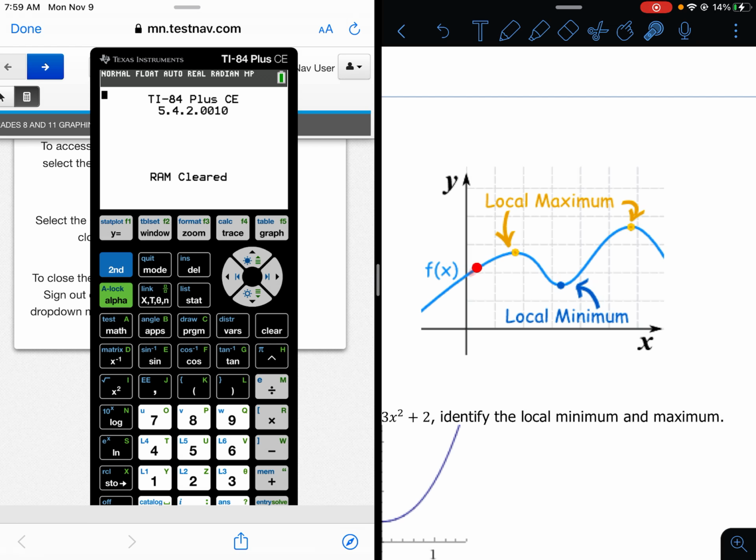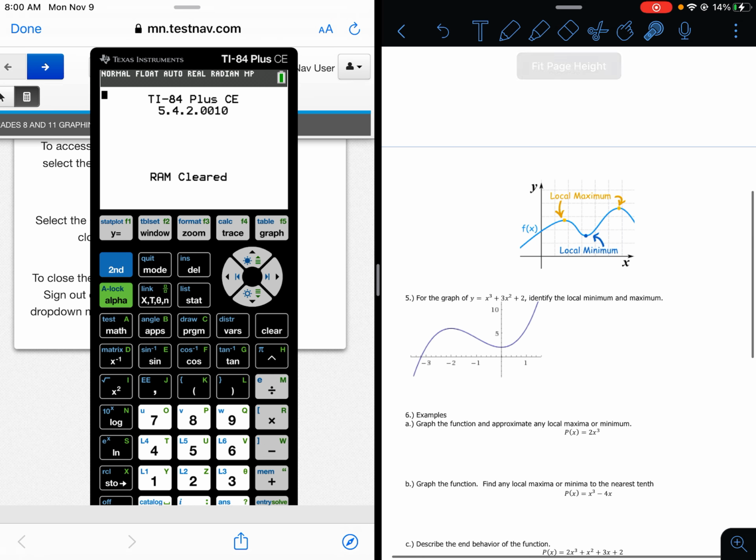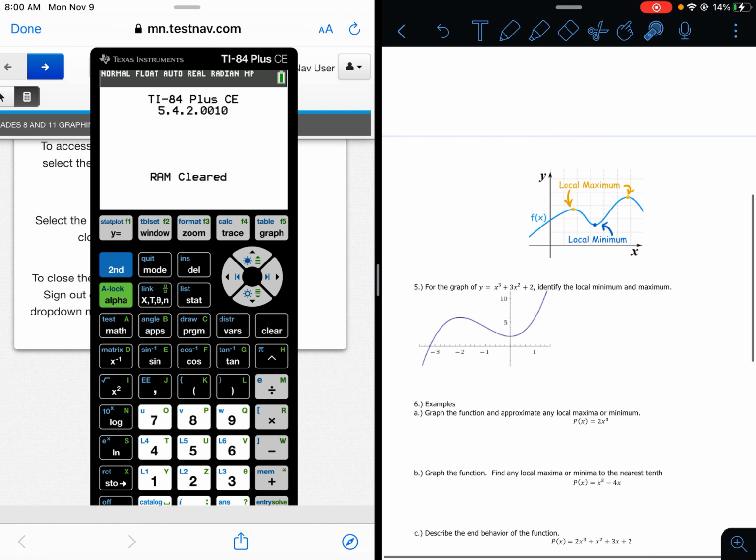The reason this is important is that, oftentimes in real life, you may be looking at a particular set of data, whether it's stock prices or something like that, and you might want to find where it was its lowest and where it was its highest. So we look at these local maximums, and you can find them using your graphing calculator the same way you found the vertex with parabolas.